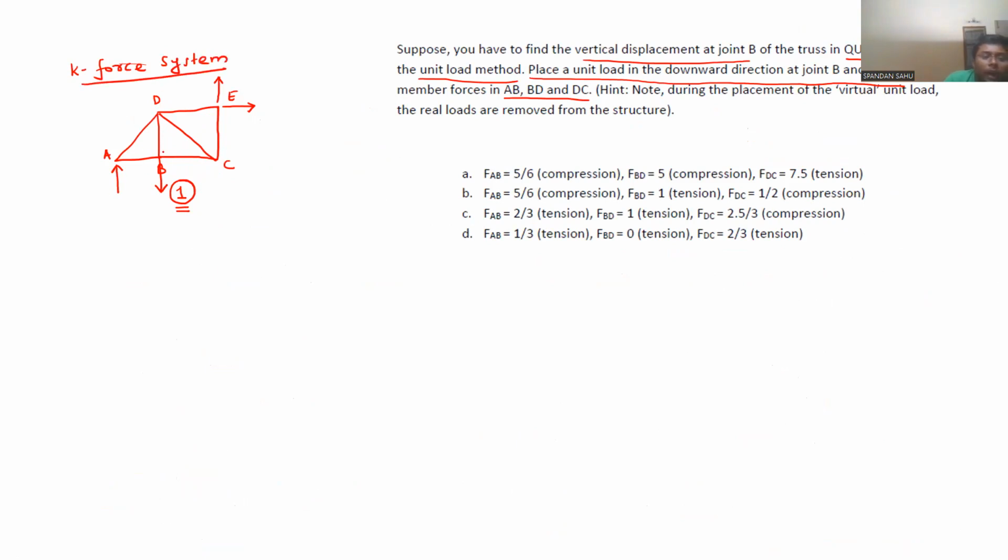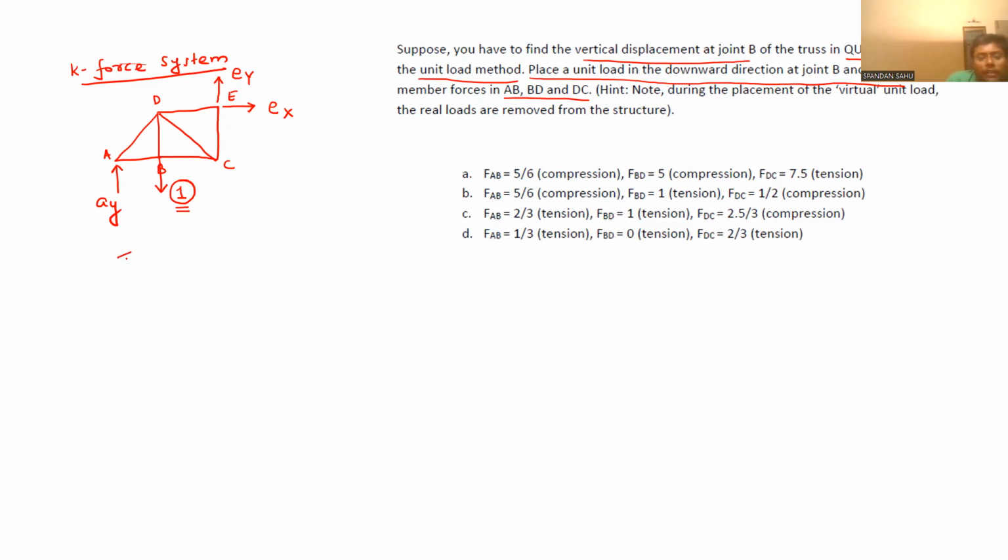So now similarly we have to do C. Here this is EX, this is EY, this is AY, and this unit load is acting at joint P in the vertically downward direction. So now what can we do?